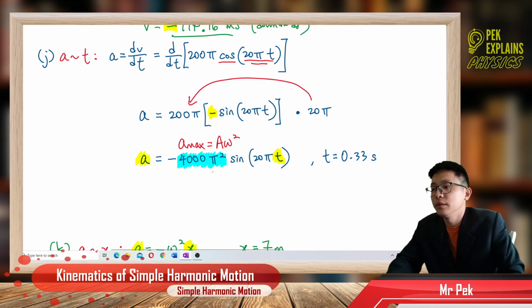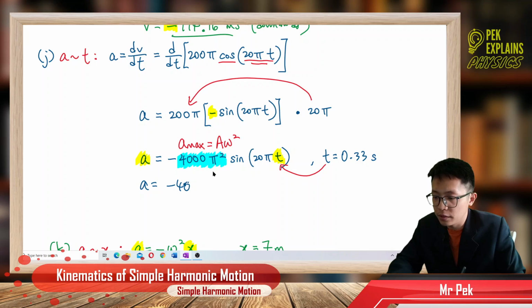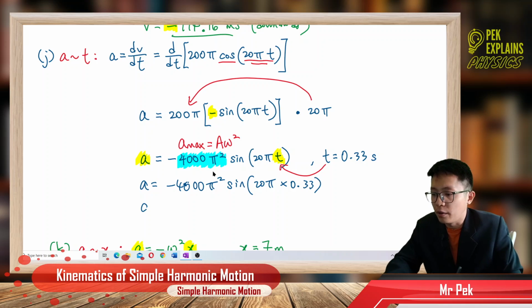Now just substitute the time. We get the answer for acceleration: negative 4,000 pi square, sine 20 pi times time 0.33. And what acceleration do we get?